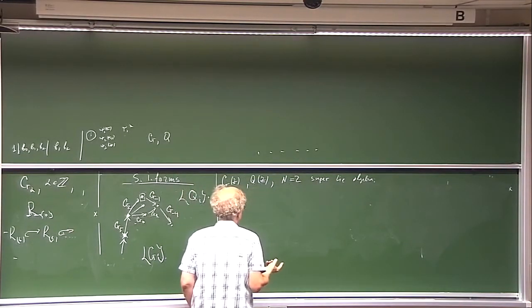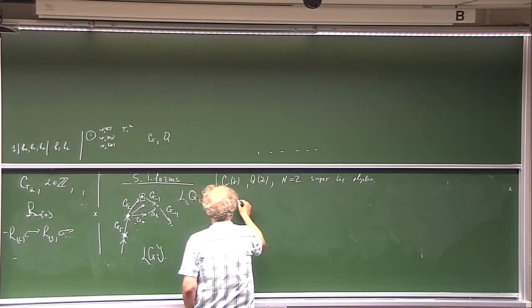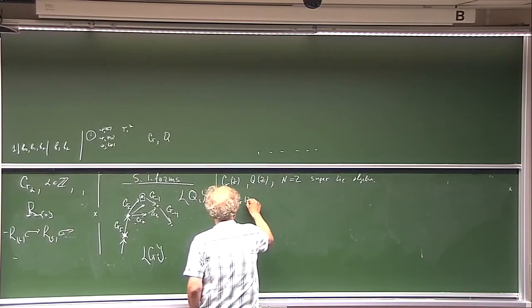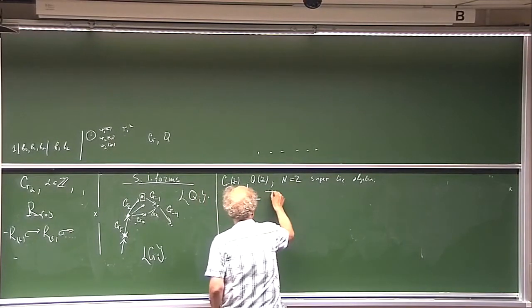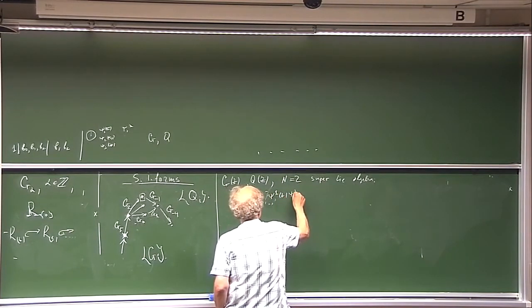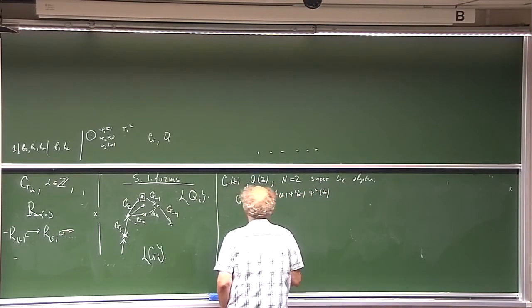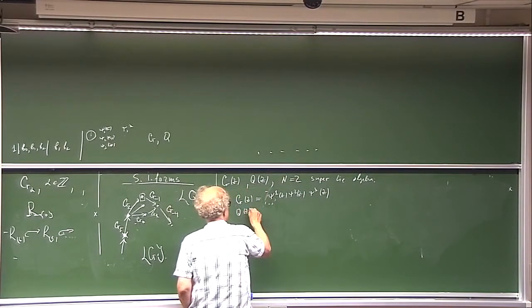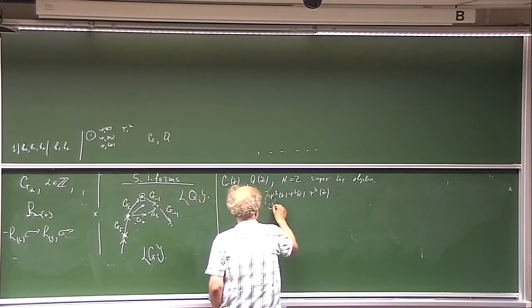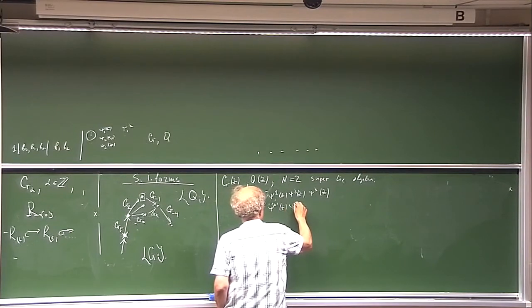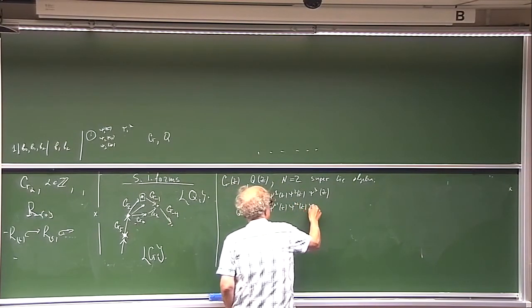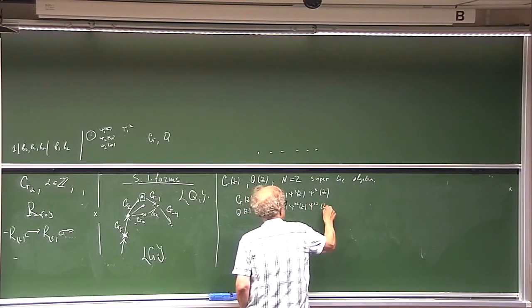But what do we actually know? GZ is the sum of psi1(z), psi2(z), and psi3(z), and also QZ is psi star 1(z), psi star 2(z), and psi3(z).